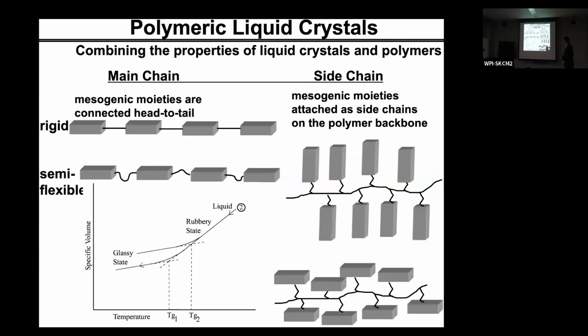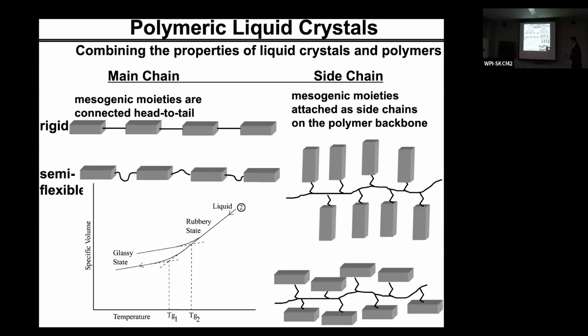And so all the phases that we discussed earlier, smectic, nematic, columnar, of different symmetries, can be formed by these polymeric molecules as well. The difference is that because these monomeric units, which are similar to small molecules we saw earlier, are now connected to each other, you would have different mechanical properties, right?